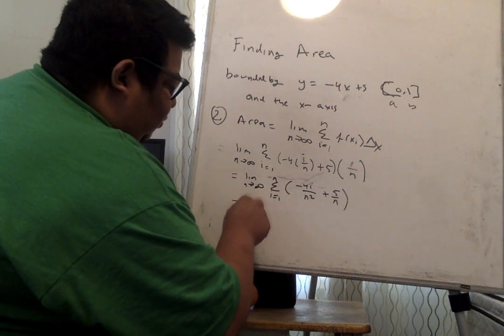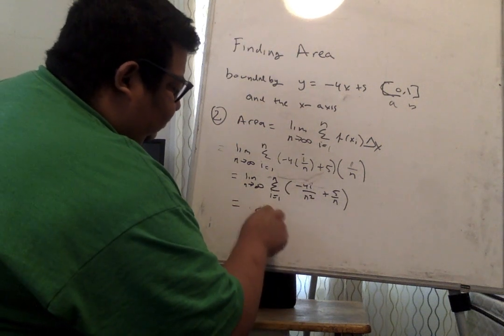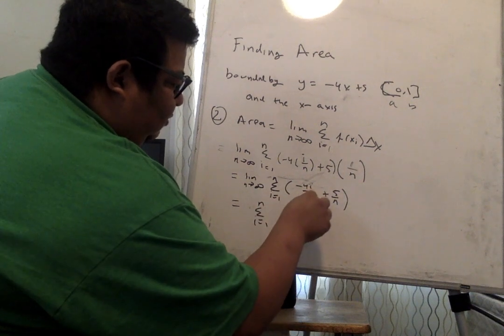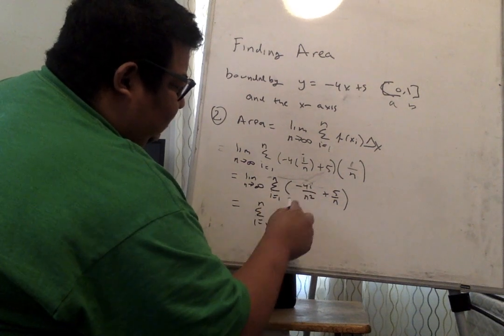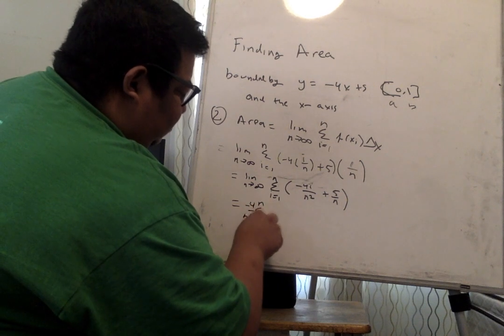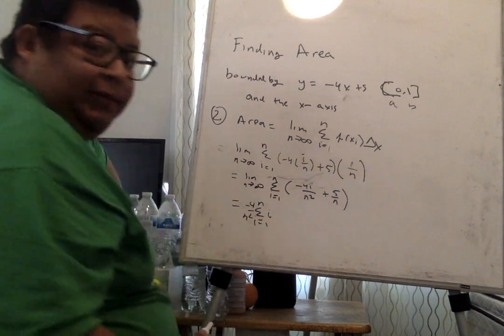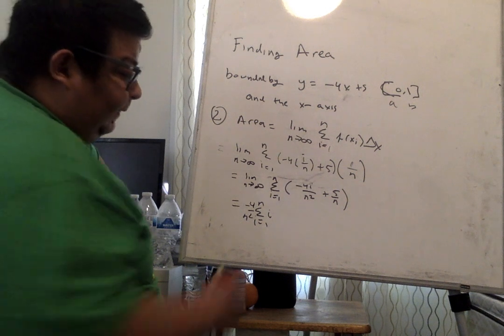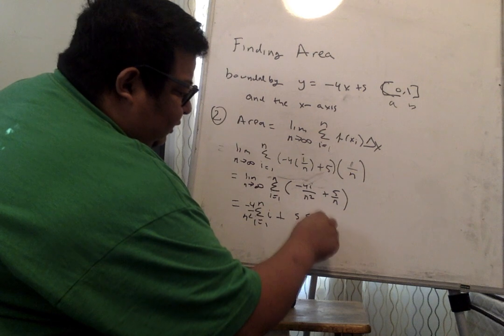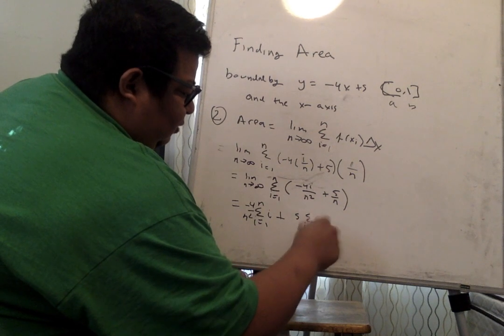Now what we can do is separate the sum. We take out each term and leave the constant on the outside: negative 4 over n squared times the sum of i, plus 5 times the sum of 1, as i goes from 1 to n.